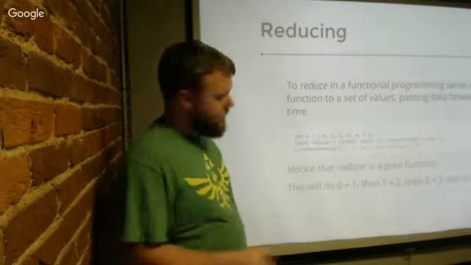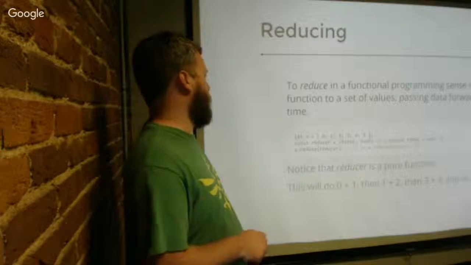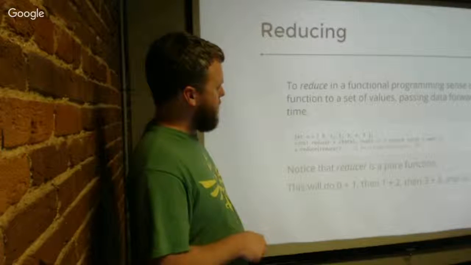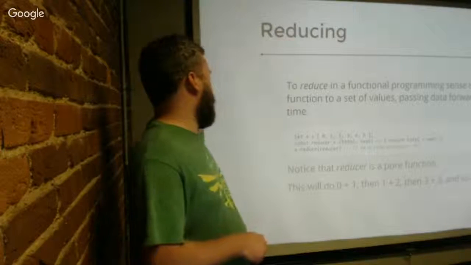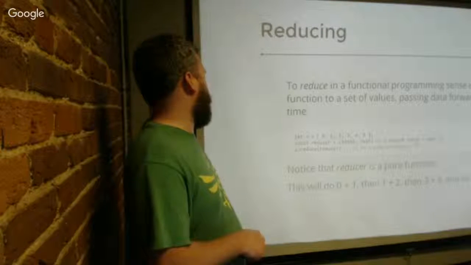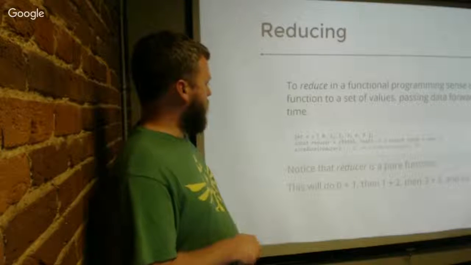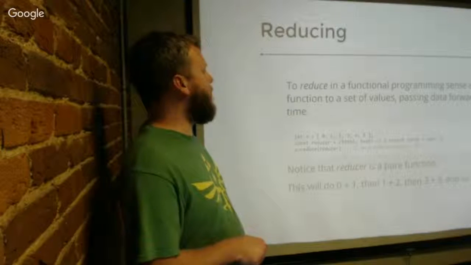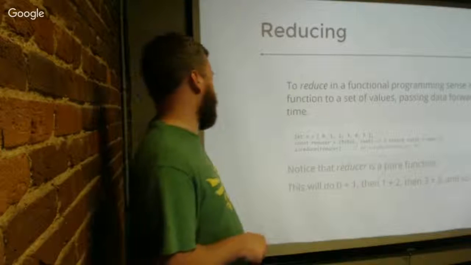In this example, we've got an array containing 0, 1, 2, 3, 4, and 5, and we have a reducer which takes total and next, and returns total plus next. Then we call a.reduce and pass in the reducer. Notice that the reducer is a pure function. It doesn't know about anything other than the arguments it was given.